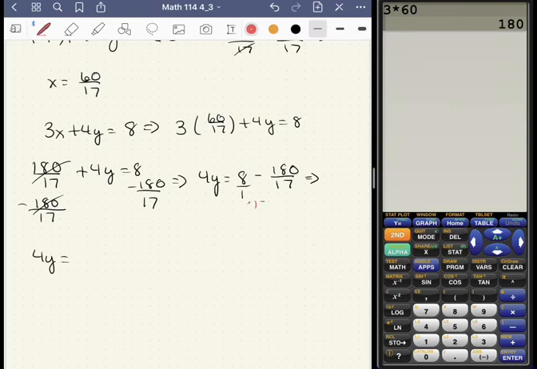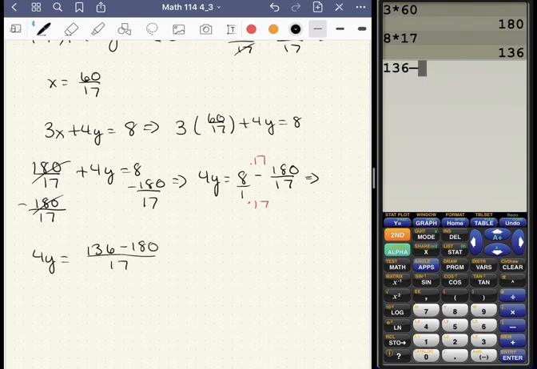So I must multiply by 17 to both sides. So 8 times 17 is 136 minus 180 over 17. So 136 minus 180. That's going to give me 4y is equal to negative 44 over 17.